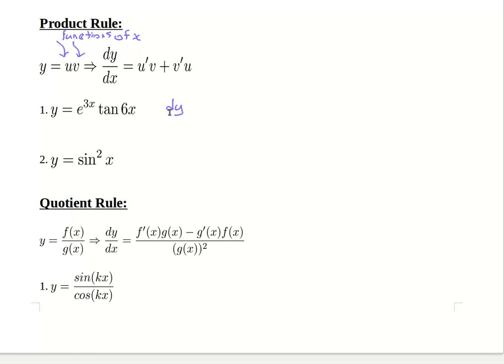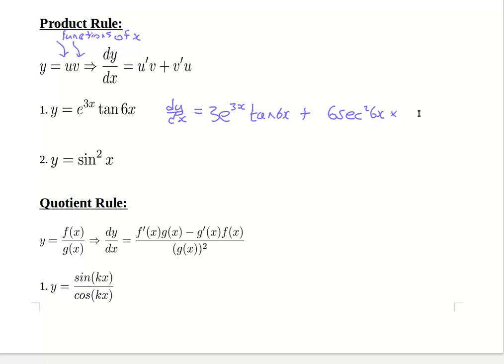But then we're going to get dy by dx equals, okay, e to the 3x differentiates to 3e to the 3x, and then we just times it by the other function undifferentiated, and then plus, and now we're going to differentiate the tan 6x first, which differentiates to 6 sec squared 6x. So let's write that down first.